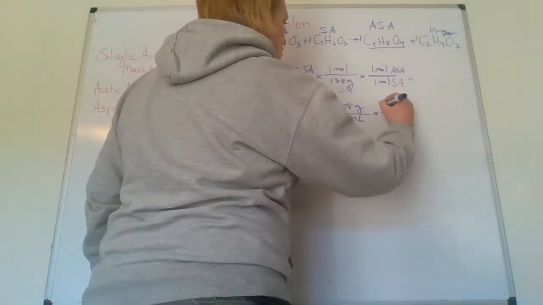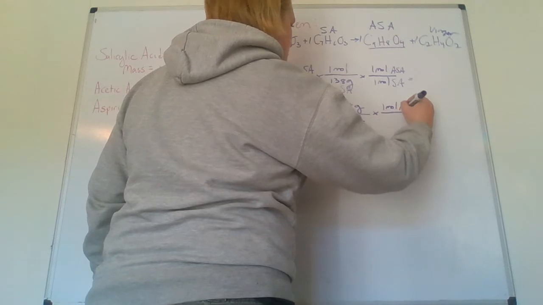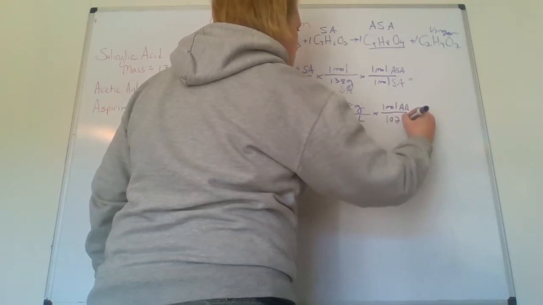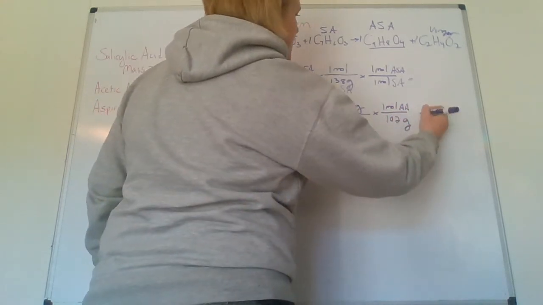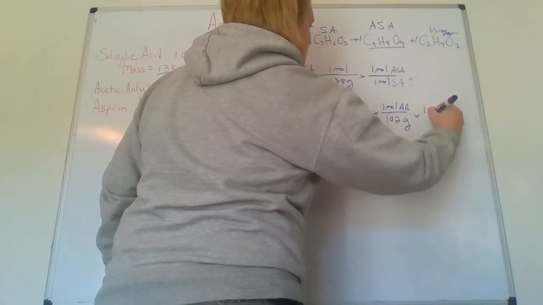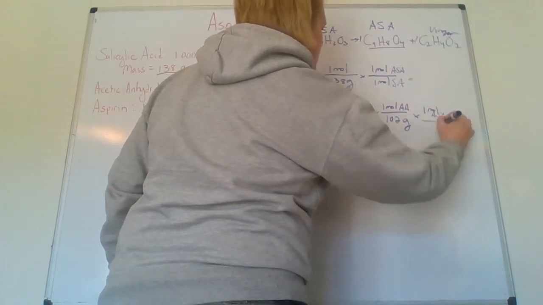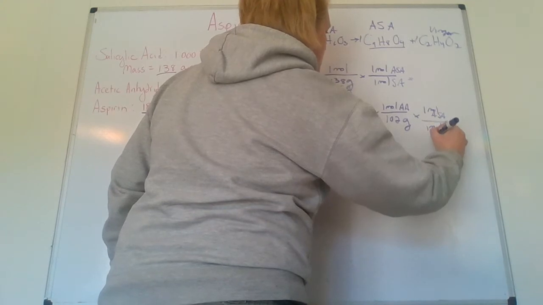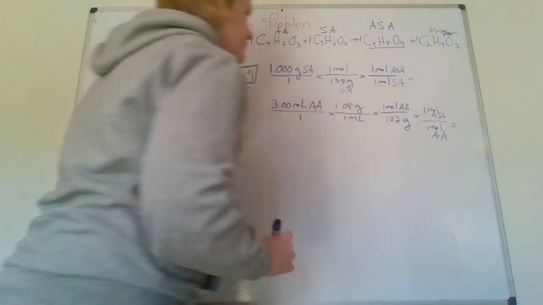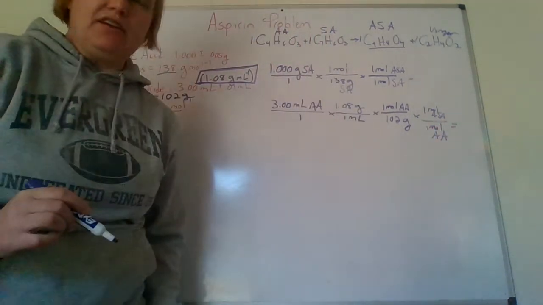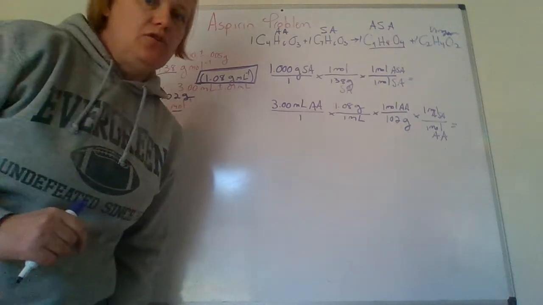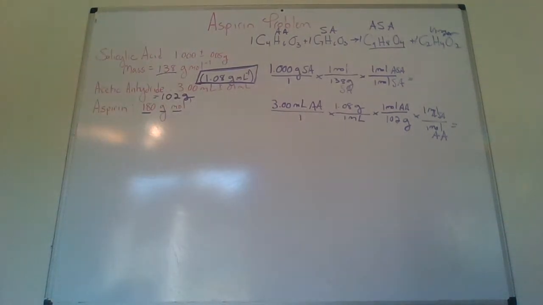Times 1 mole of acetic anhydride is 102 grams. And then I've got 1 mole of aspirin to every 1 mole of acetic anhydride. So now it's time to calculate these things out. Hold that thought while I get my calculator.